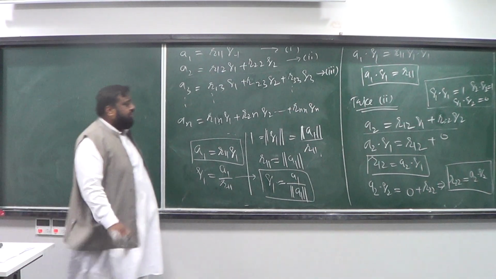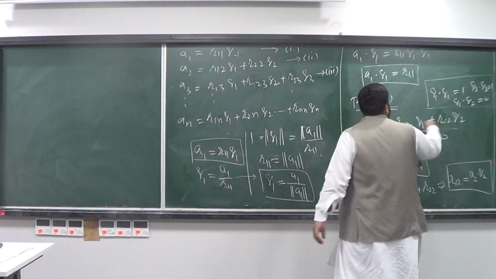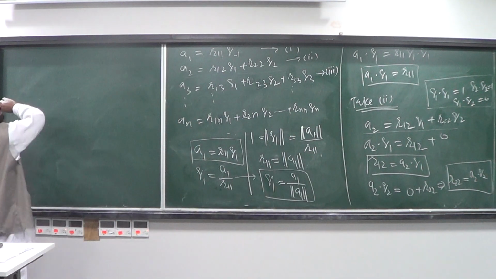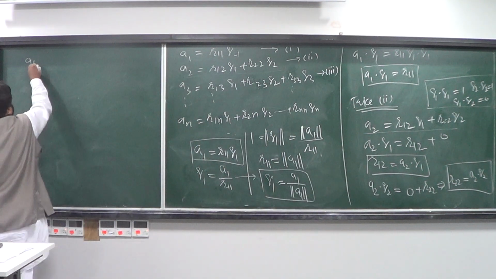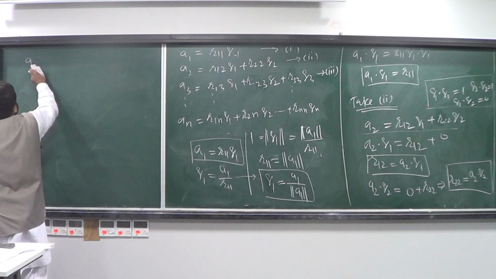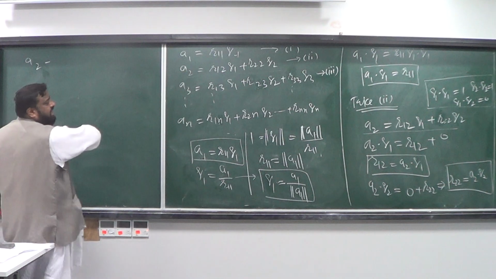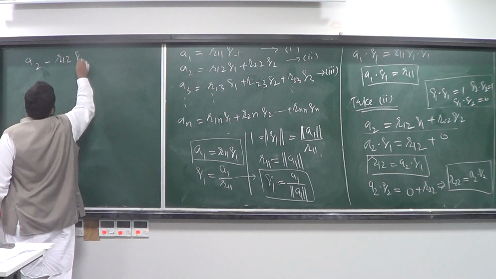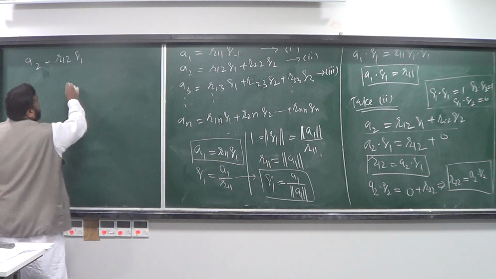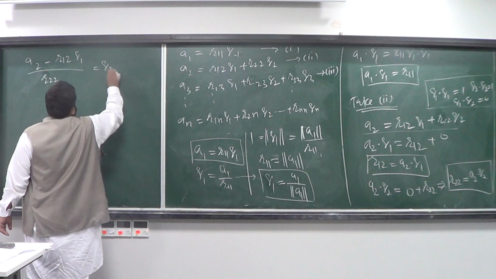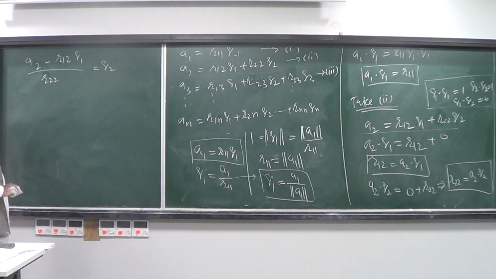It is equal to the vector A2 minus R12 Q1, and everything divided by R22, and this is equal to Q2.